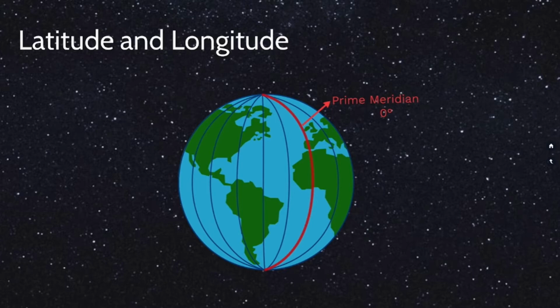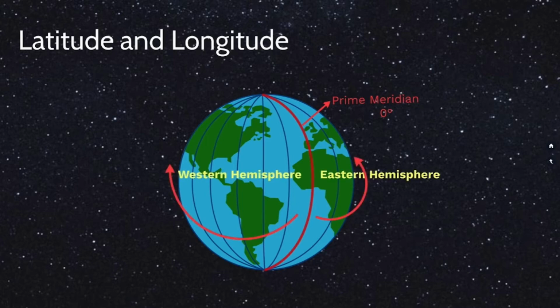It divides Earth into the Western Hemisphere and Eastern Hemisphere. The purple line passes through Italy and its longitude is 12.5 east of the prime meridian, while this purple line passes through Baja California and its longitude is 115 degrees west of the prime meridian.